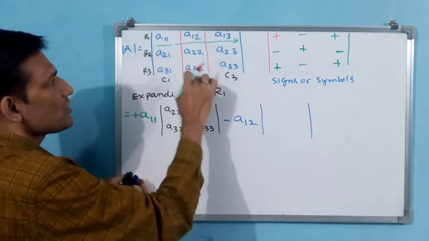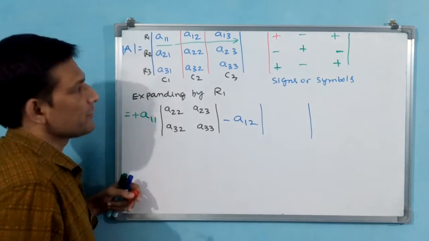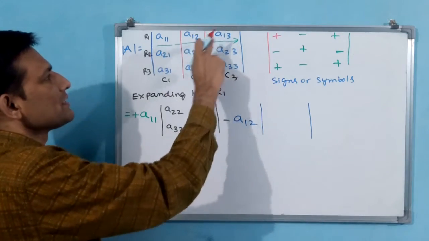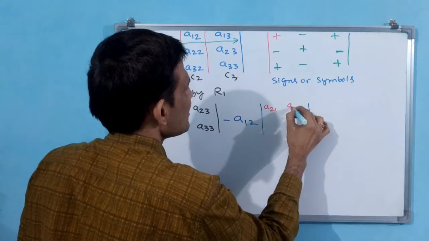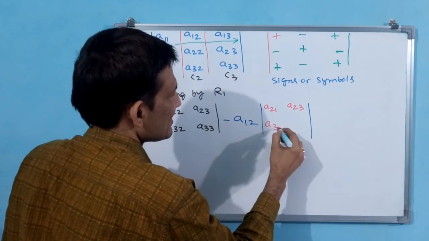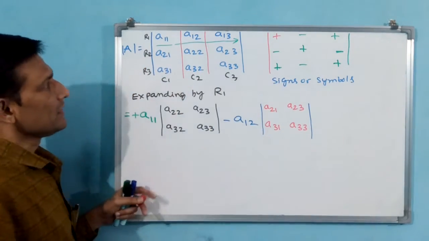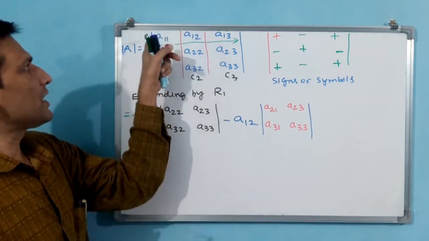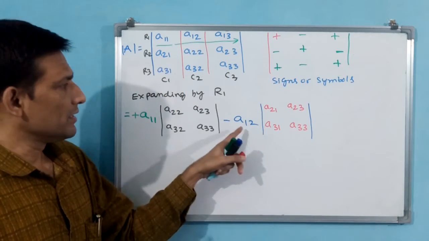Because you should not take T form or L form or whatever form. Close. That means A21, A23, write down, A31, A33. Because this column and this row, those elements you should not take in the determinant.